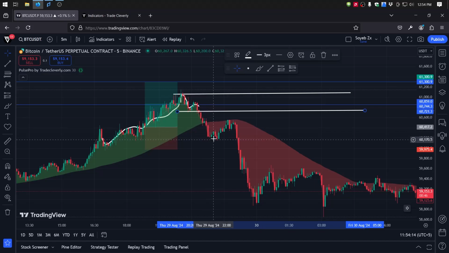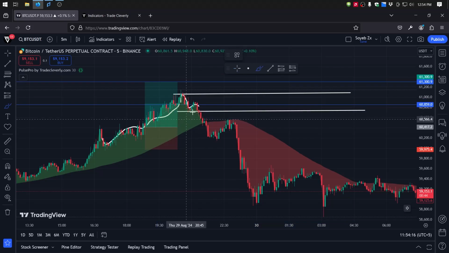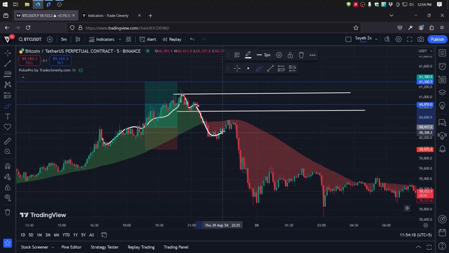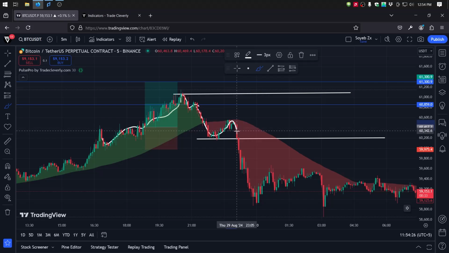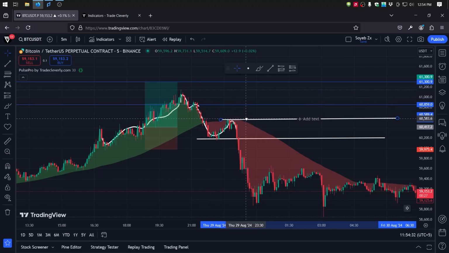In here you can see the price comes here and again makes another swing low. So we simply change the swing low in here, and you can see in here the market makes another recent swing high. So we also change the swing high in here.